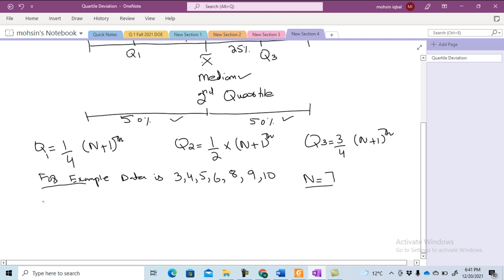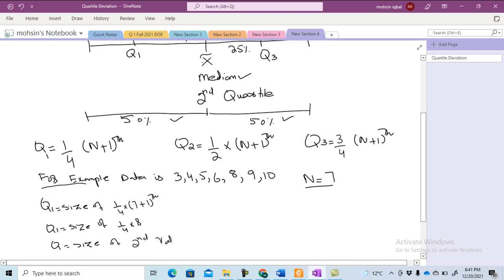Let's calculate Q1. Q1 will be equal to the size of 1 by 4 multiplied by the 7 plus 1th value. It will be 1 by 4 multiplied by 8, so Q1 will be the size of the second value.